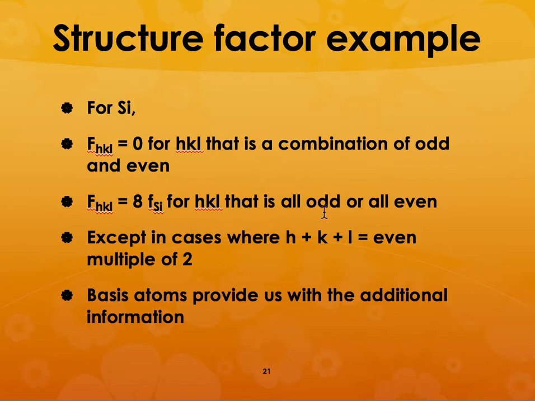But if you have HKL that is all odd or all even, except in cases where HKL is an even multiple of 2, then it is equal to 8 F_Si for all odd or all even. So you will have specific intense peaks related to those HKL values. Where they are going to be is also given in the handbook, so you will be able to know what those peaks are, and from that you can determine what material it is or what material combination it is.